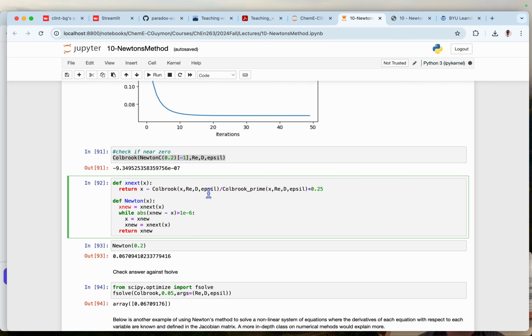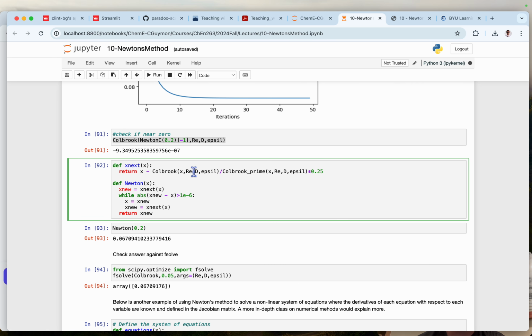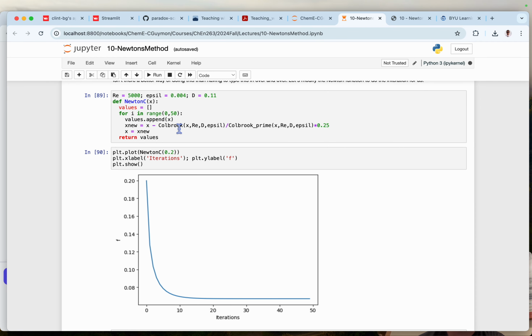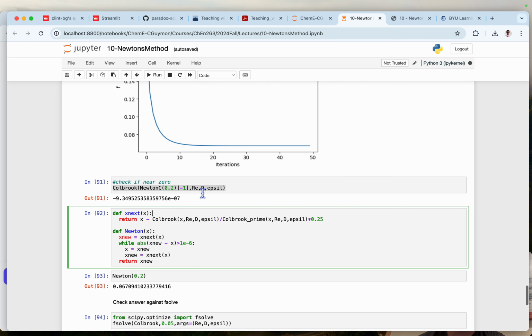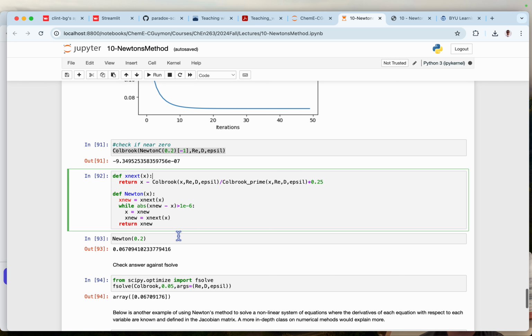So instead of doing that inside my Newton's method, I can also define a Newton next function, so it calculates the next value and returns it. And then instead of doing it for a certain amount of iterations, right here I've got 50 iterations, I just want to do it until the error goes down. So I've got a little while loop right here. While the value is not changing, then I say sufficient. Don't need to do any more iterations.